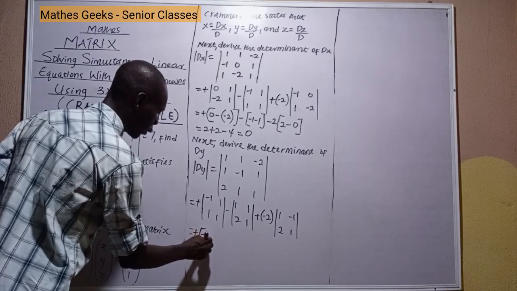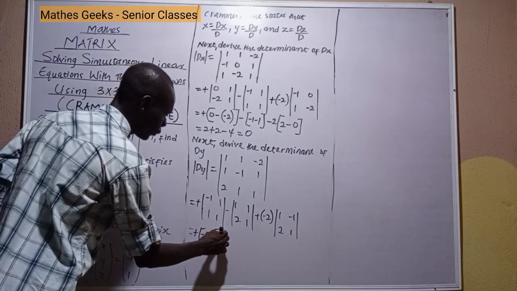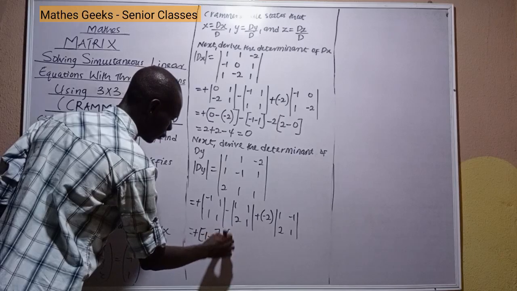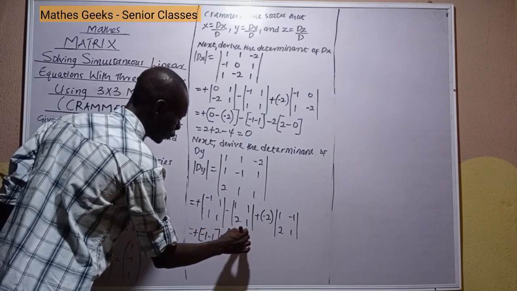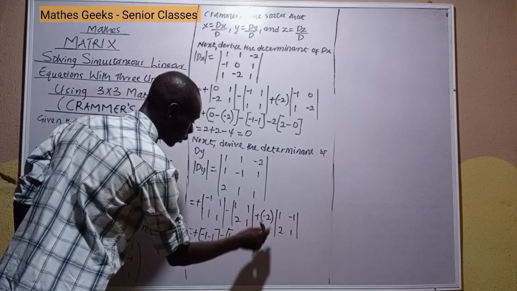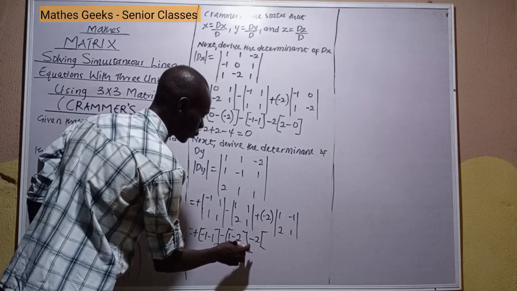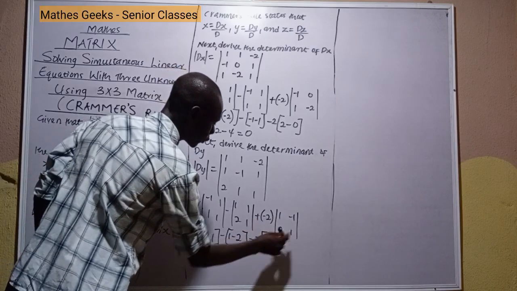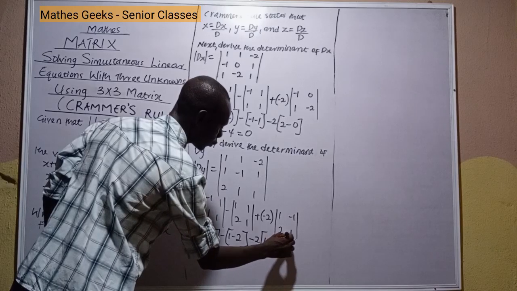Minus 1 times 1 is minus 1. Minus 1 times 1 is 1. Minus 1 times 1 is 1, minus 1 times 2 is 2, plus times minus 2, plus 1 times minus 2 is minus 2. 1 times 1 is 1, minus 1 times 2, minus 2.